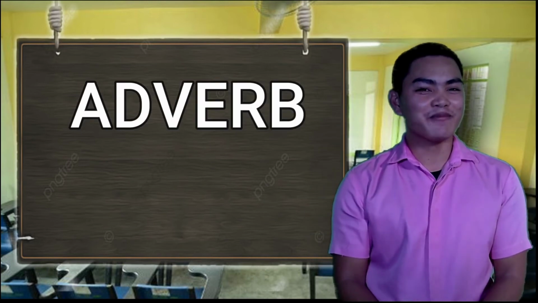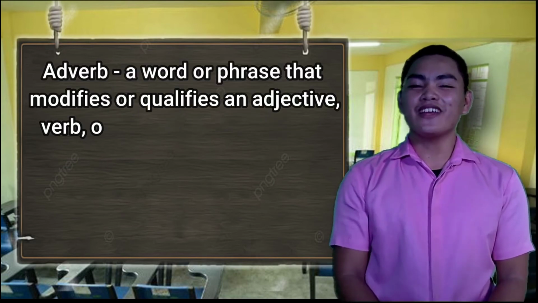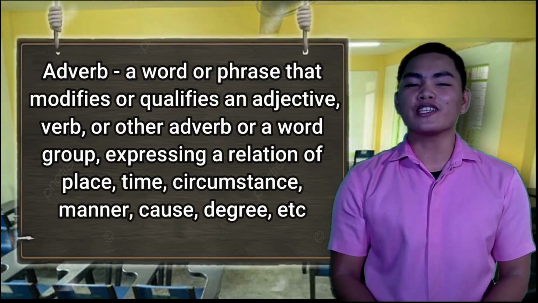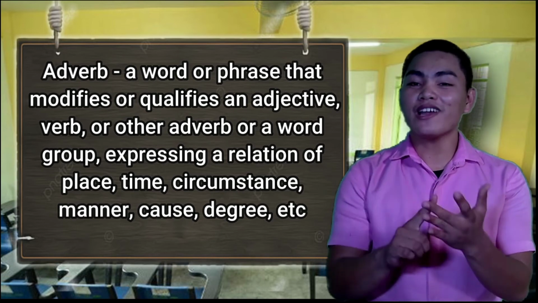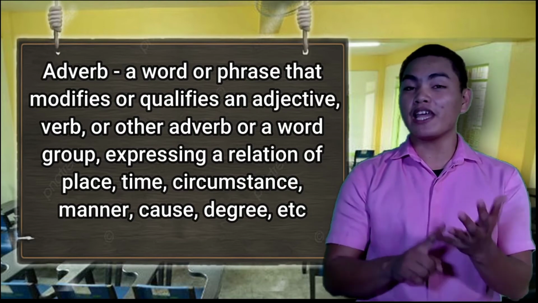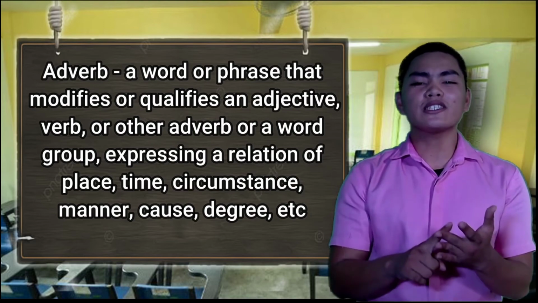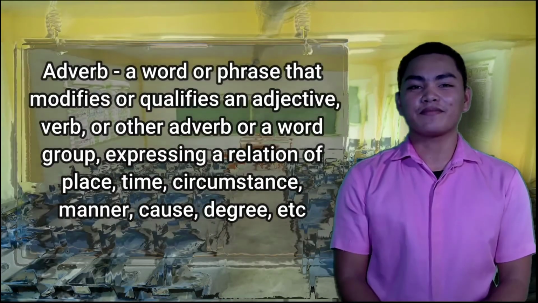What do you think adverb is? Very good. Adverb is a word or phrase that modifies or qualifies an adjective, verb, or other adverb, or a word group expressing a relation of place, time, circumstances, manner, cause, and degree, and so on.